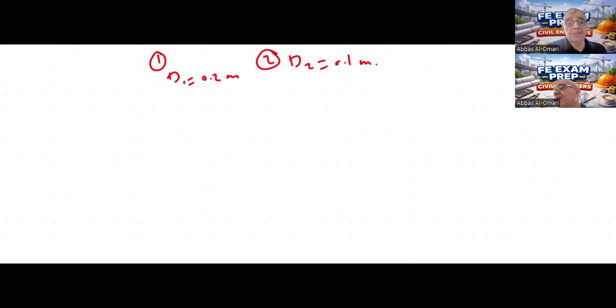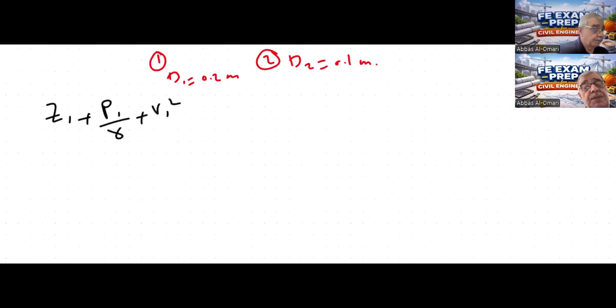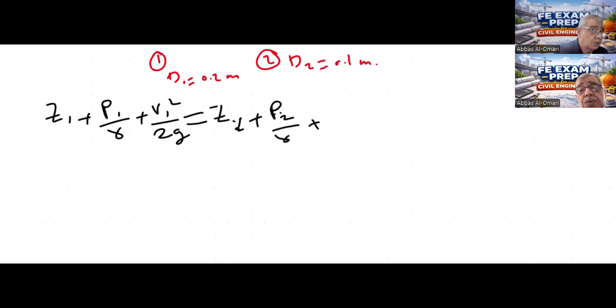So we write Z1 plus P1 over gamma plus V1 square over 2G equals Z2 plus P2 over gamma plus V2 square over 2G.